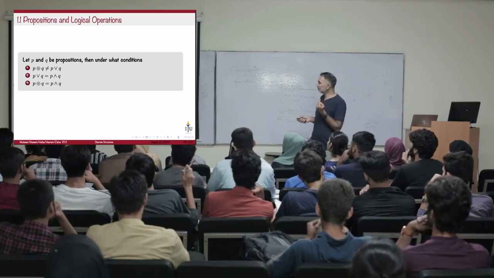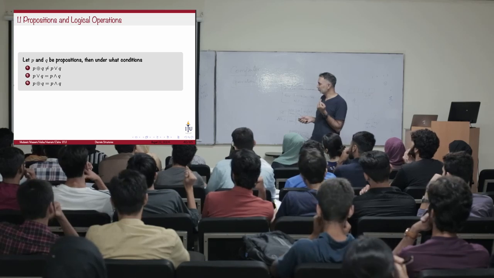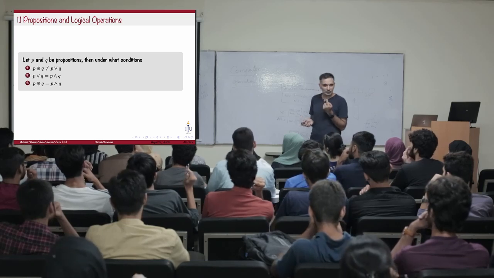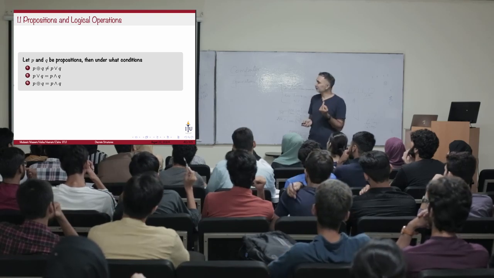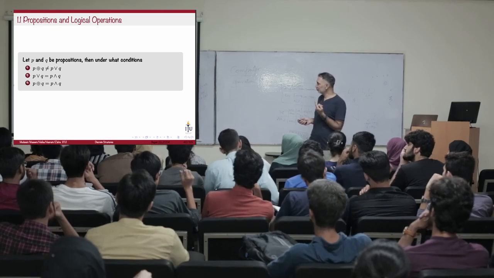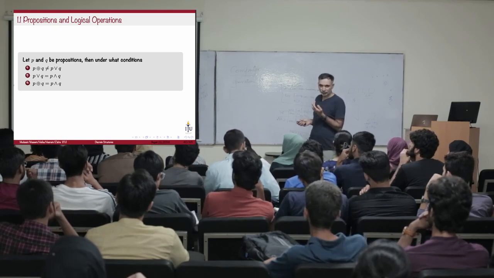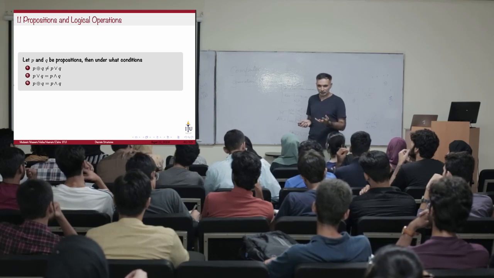Then this thing would be false, and this thing would also be false. So that's not the case either. The only case that's left is when P and Q are both true. When they are both true, P or Q is true, but P exclusive or Q is not true.